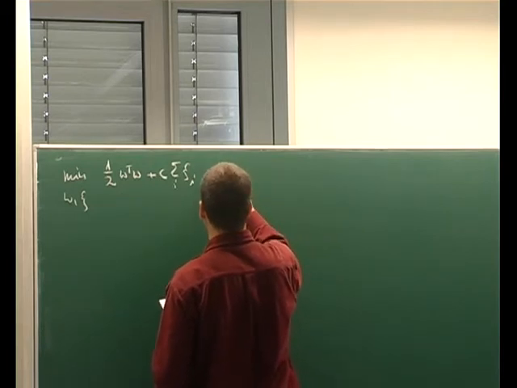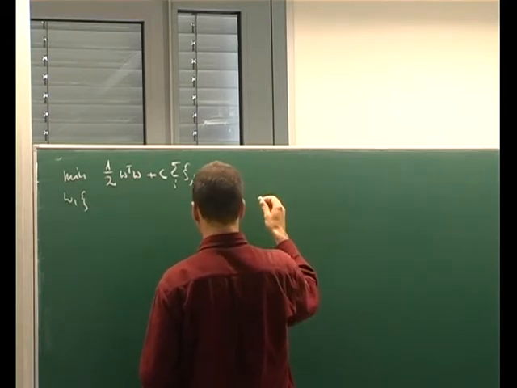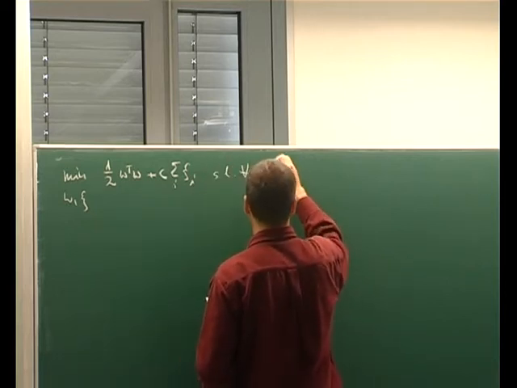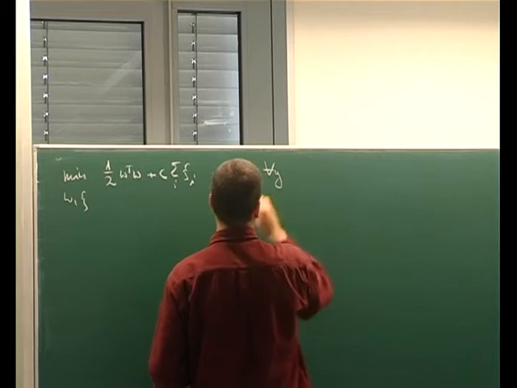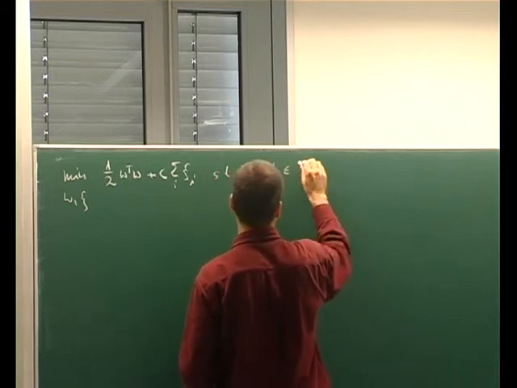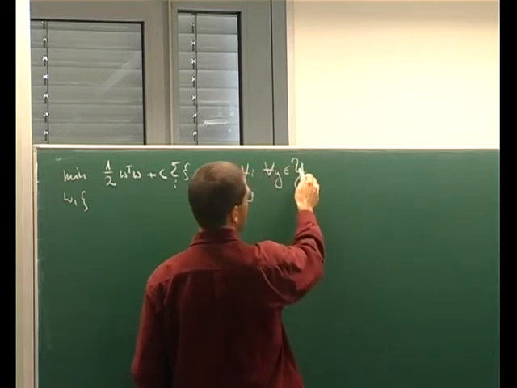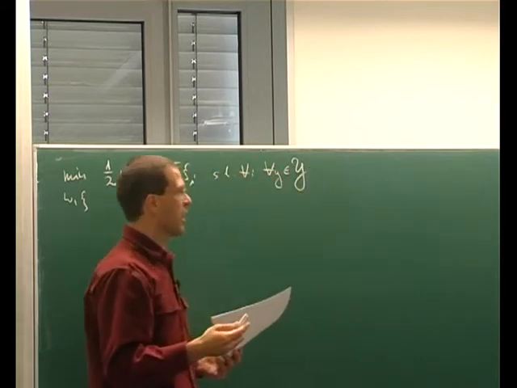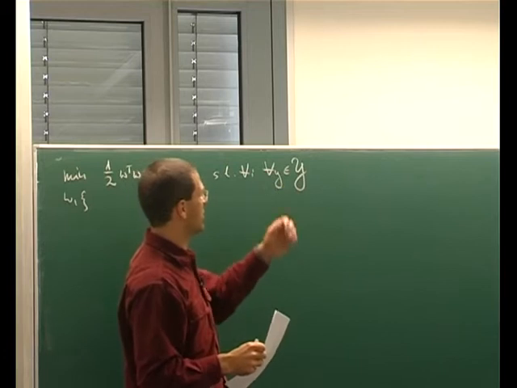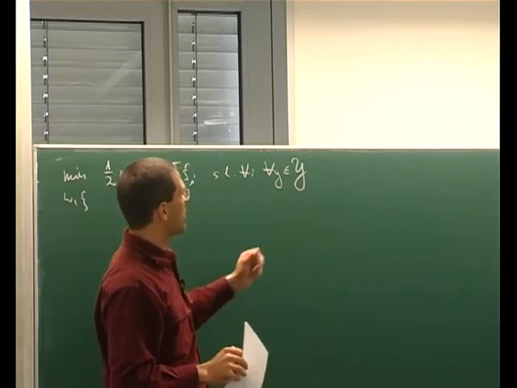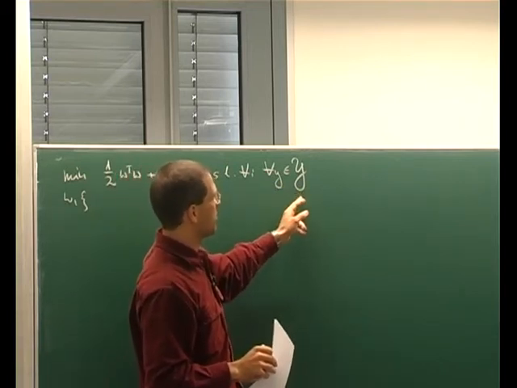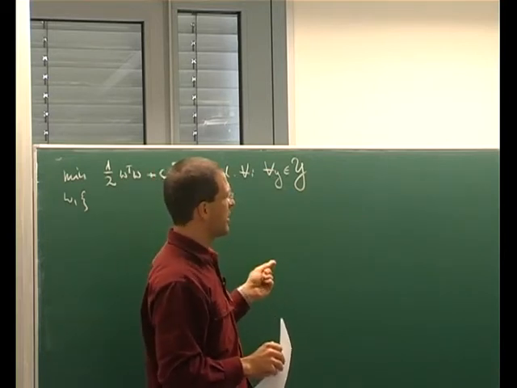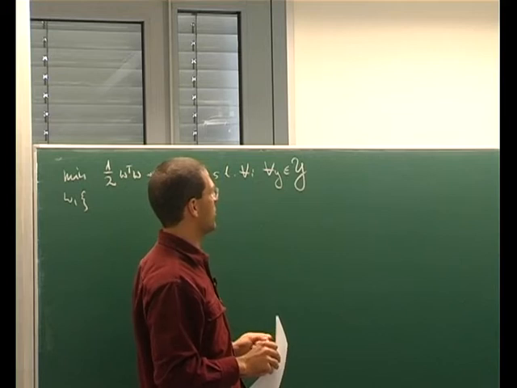And now we have the following set of constraints, namely for all observations i and for all possible outputs. So this script Y would be the set of all outputs. For example, in the application that I've shown here, it would be the set of all possible paths that start in the top left corner and end up in the top right corner and only proceed in a monotonous fashion.